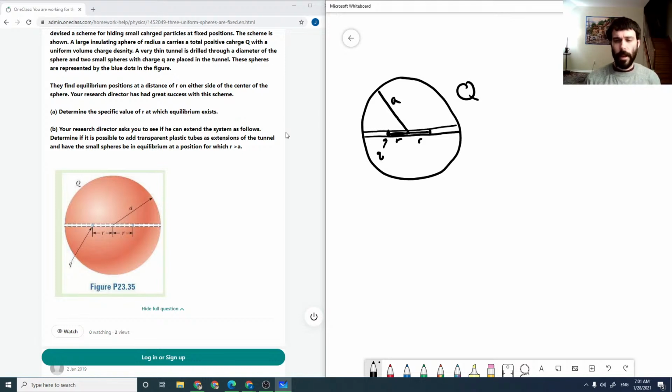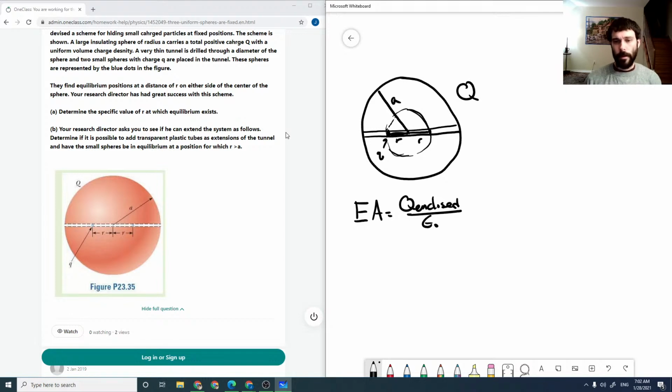Okay, so this is an application of Gauss's law. So Gauss's law is just that our electric field times our area is the charge enclosed by the area over epsilon naught. So for the first part here, our area is just going to be the surface area of a sphere which encloses the charges.